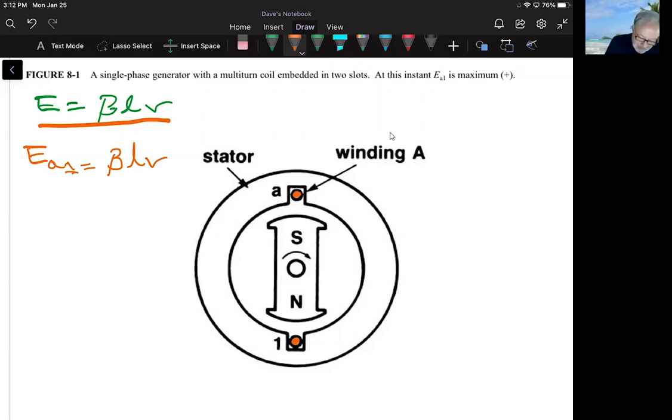It's going to reach a maximum when the poles are in the position shown here. And the reason for that is that the most flux occurs in this position. So based on this equation, everything else being equal, the greatest voltage is going to be at that point.